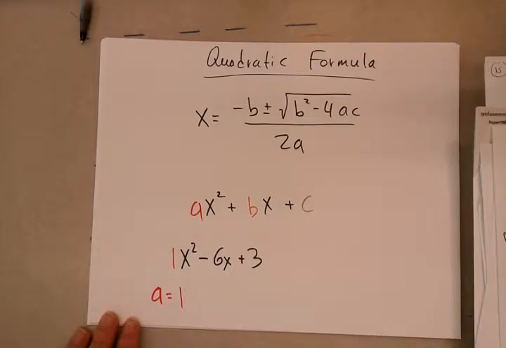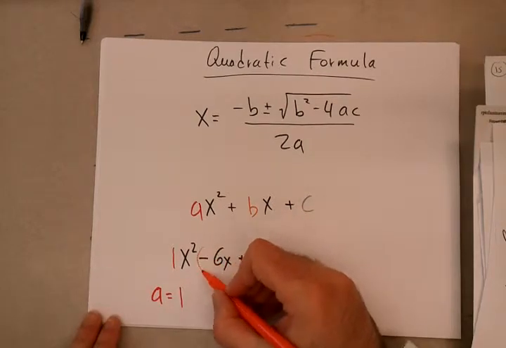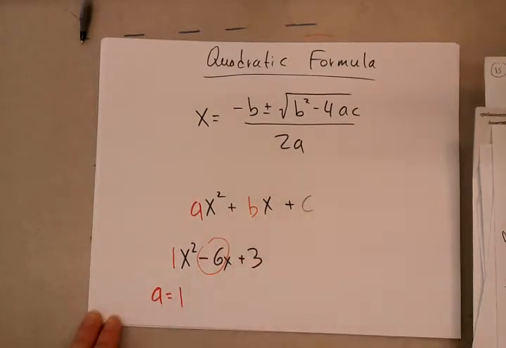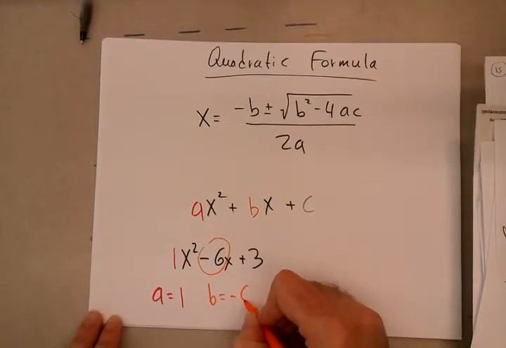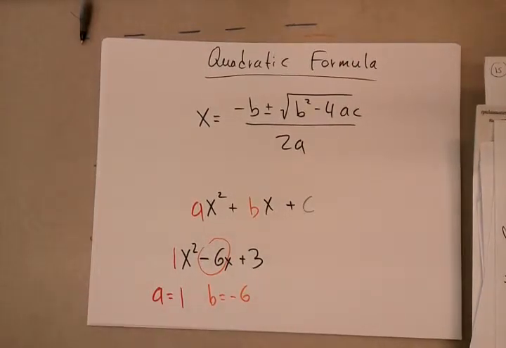What about the b? What's in front of the middle term, the x? Well, we have this right here. And don't forget about the sign. The sign goes along with the coefficient. So the b in this case is a -6. What's c? Well, the c is that last term. It's all by itself. It doesn't have an x or any other variable attached to it.